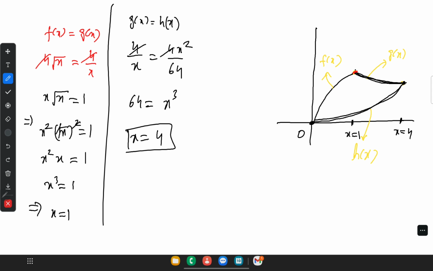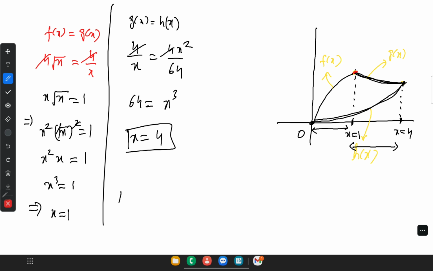So this point is 4. Again, what will I do? I will divide my integration into two parts. First part is from 0 to 1, and the second part is from 1 to 4.